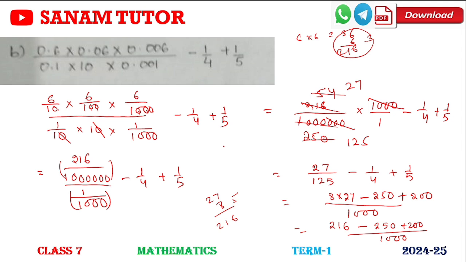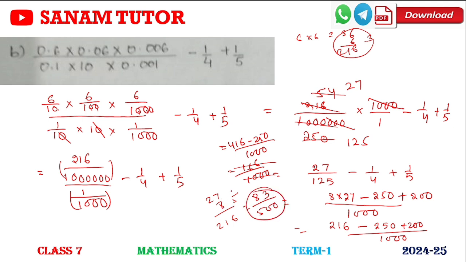So we can write 216 plus 200, that is 416, minus 250, divided by 1000. Now 416 minus 250 is 166, divided by 1000. Okay, so again cancel by 2. So 83 by 500.